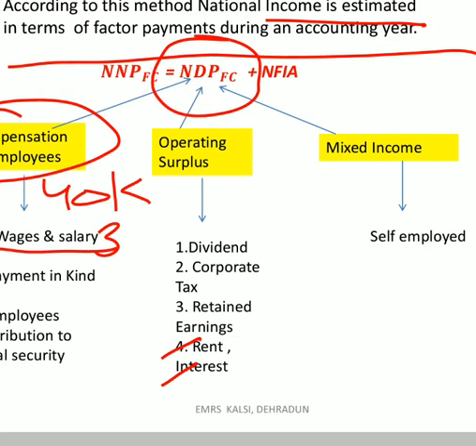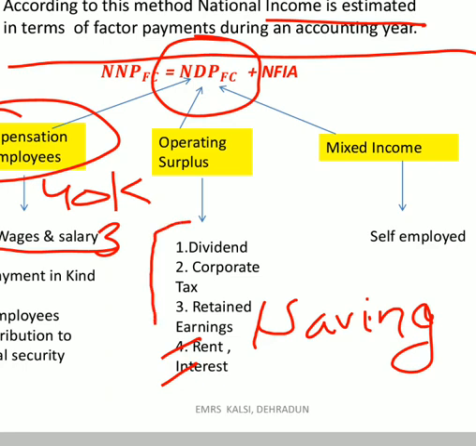Third is retained earnings, also called savings. He puts some money aside for the future, which is called savings in layman language, or retained earnings in economics language. So the first three are income from entrepreneurship, and the fourth one is income from property.